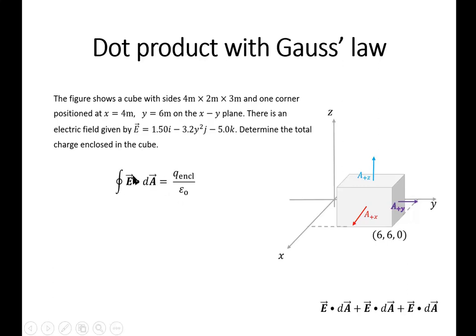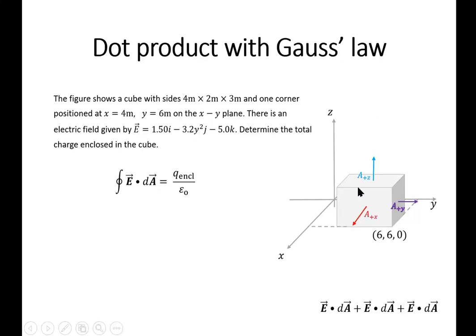So what it means is that we need to divide the whole surface area into smaller surface areas, and then take the dot product with the electric field.